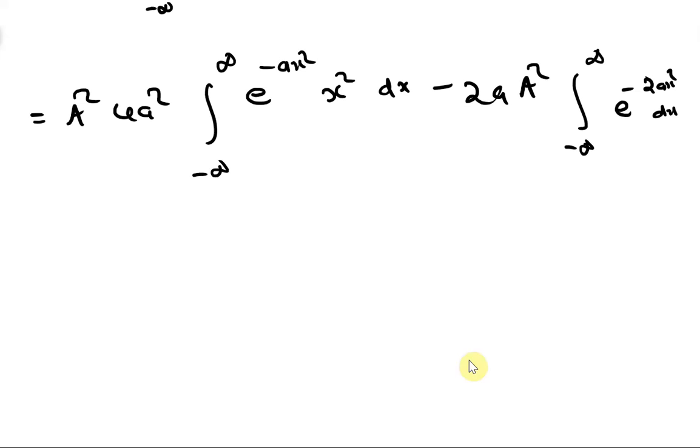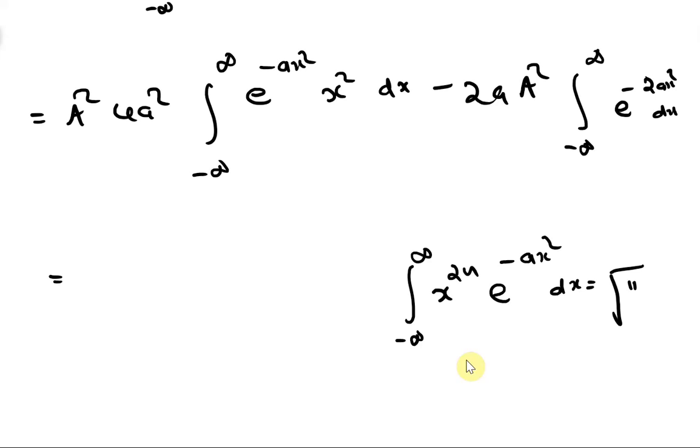This is another form of integration, or this is going to be the more general expression than this. It's a standard integral again, minus infinity to infinity x raised to 2n e raised to minus a x square dx is going to be something like root pi by a.